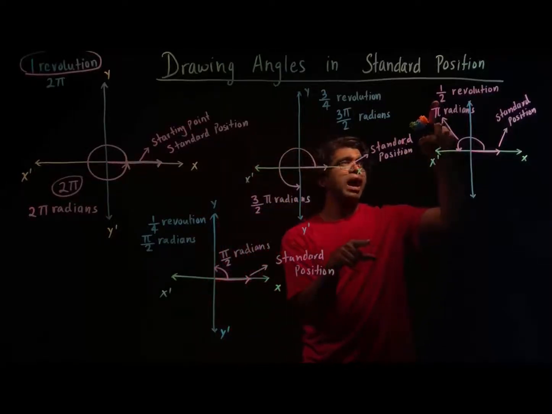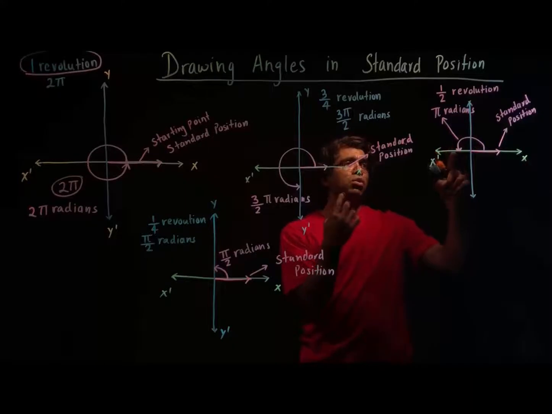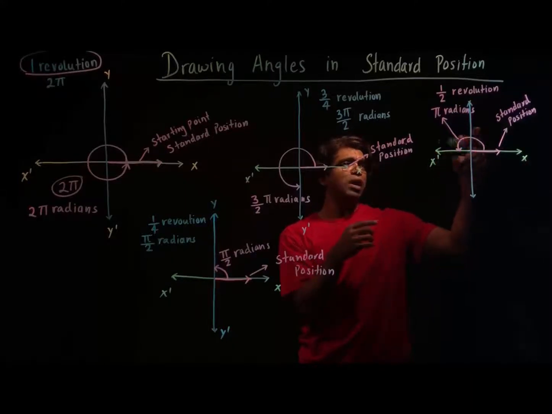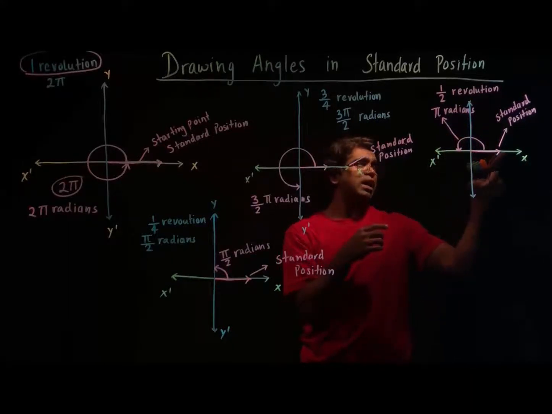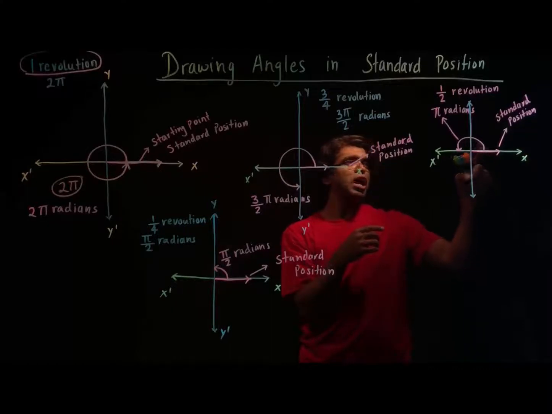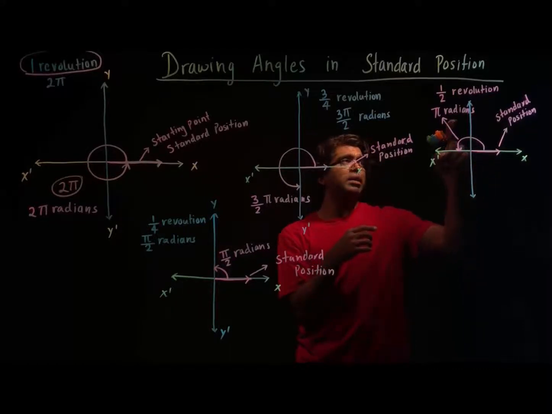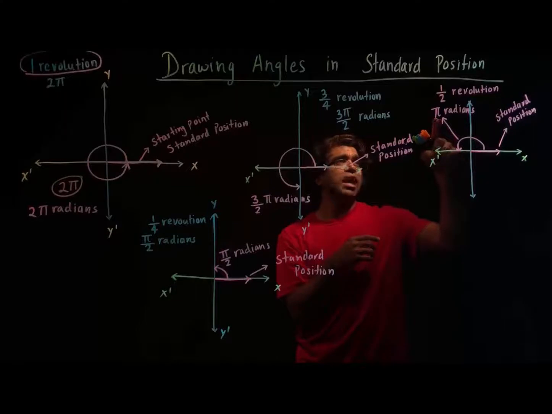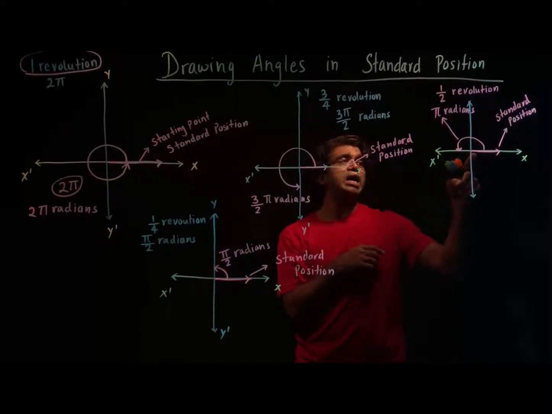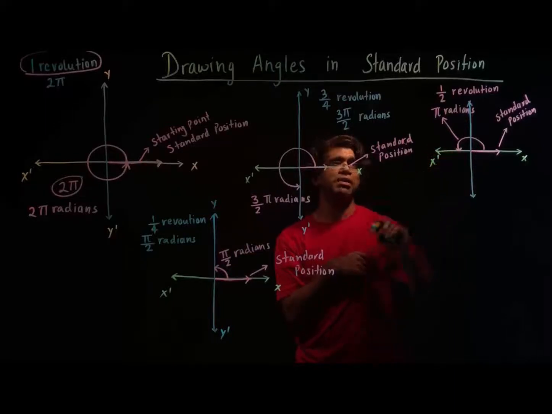If you have half of the revolution, 2/4, you start at your standard position and go around and consider 2/4, and that will be your pi radian.